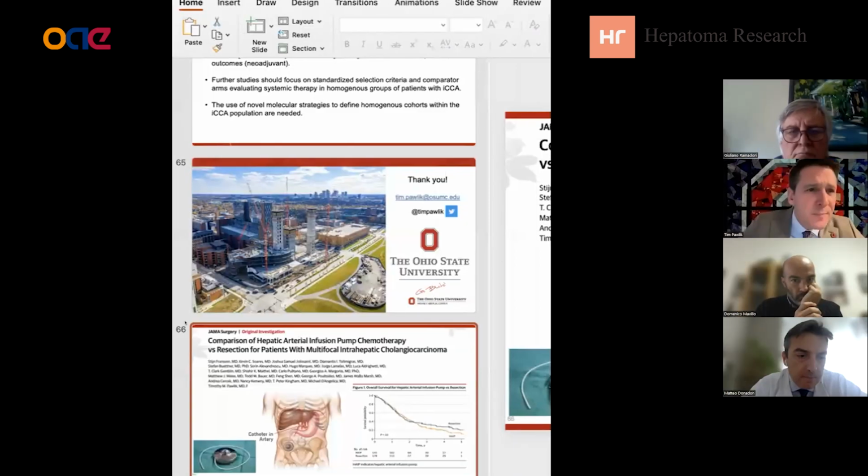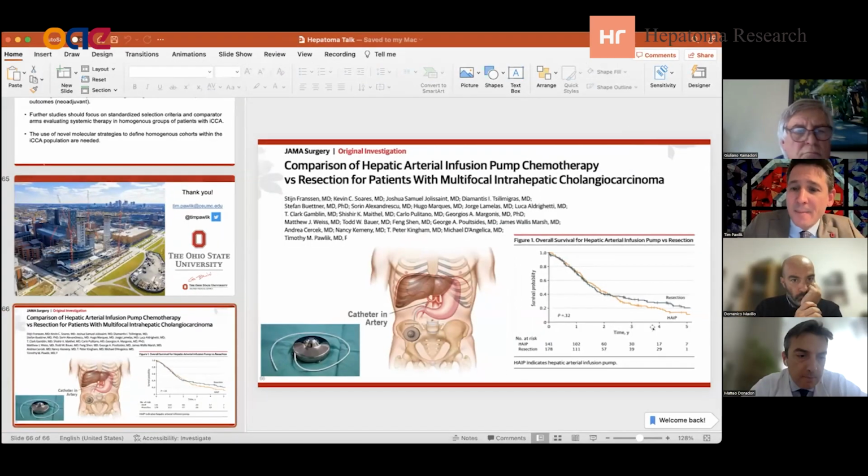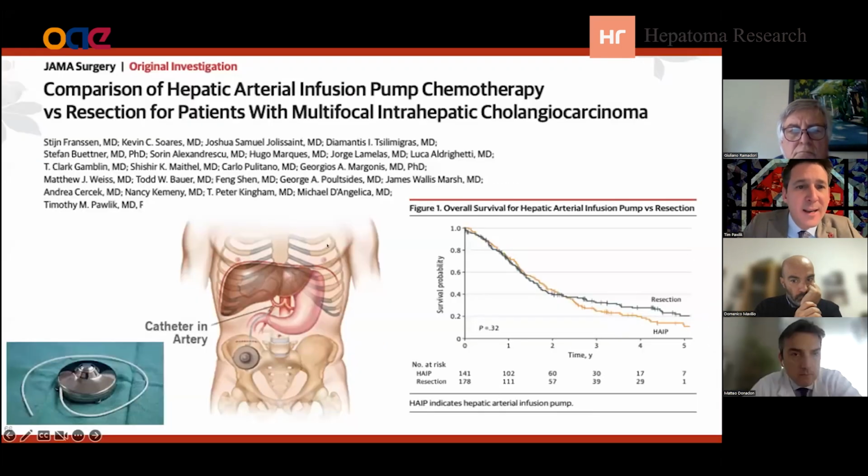Yeah, thank you. So yes, as I highlighted in one of those cases, if patients have multifocal disease or if they have extrahepatic disease like lymph node disease, then we will treat them with systemic chemotherapy, gem-cis, and then we will also always molecularly profile these patients and perhaps treat them with targeted therapy also. For patients who have intrahepatic disease that is borderline in nature, another option is hepatic artery infusion therapy.